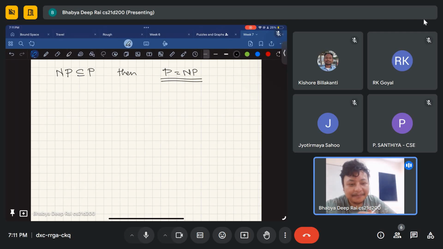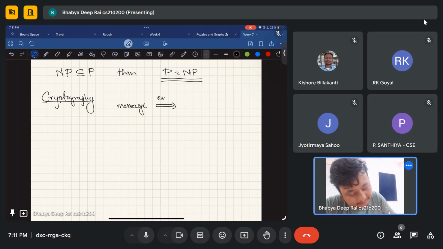For example, in cryptography. What is cryptography? Well, you have a message that you want to encrypt, and you put it through one function F, let's say, then it becomes F of that message. And this is generally easy to do.